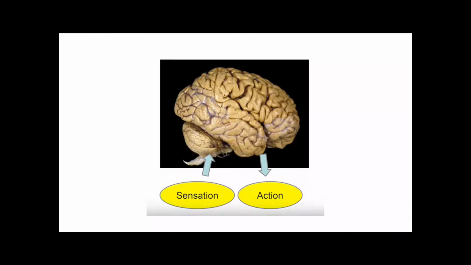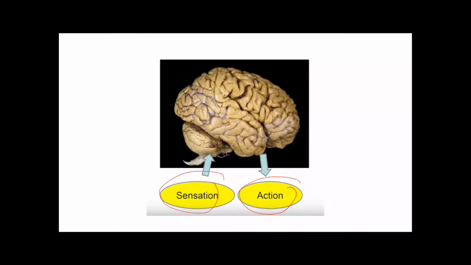Okay, so let's go back again to the beginning. What the brain does is it receives a sensation which leads to an action. This is the primary job of the brain, to look what's in the environment, to perform a computation. What is a reasonable move for me to do? Approach or avoid, attack or retreat, eat or not eat.